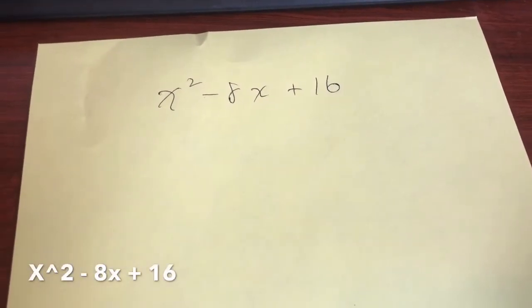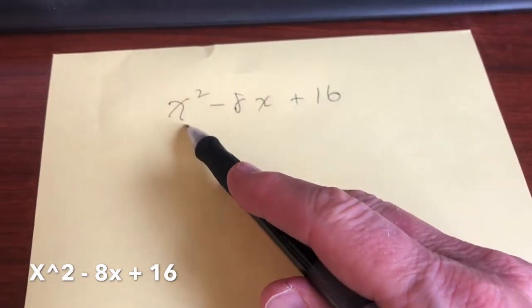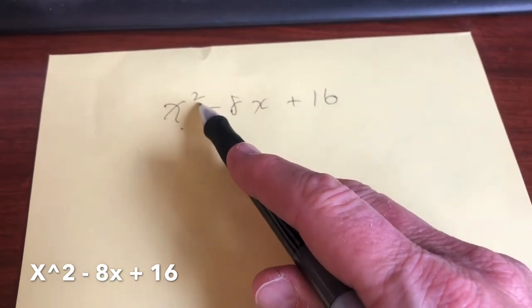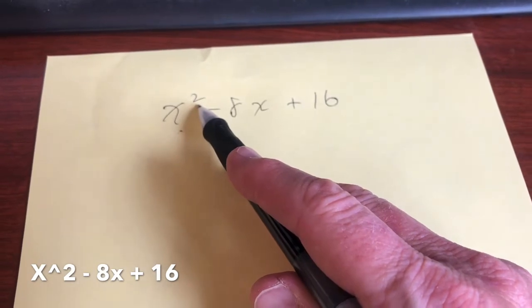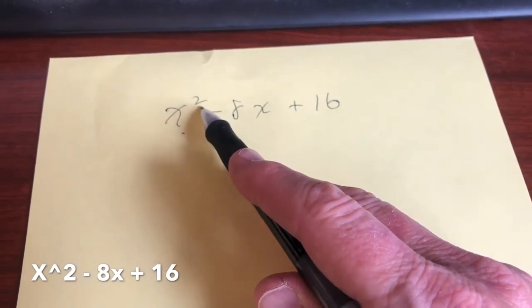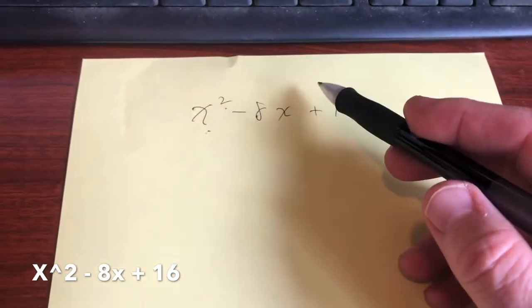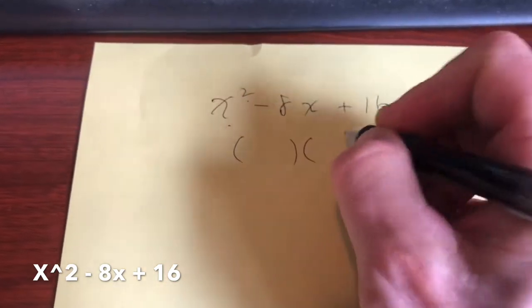Now let's change the middle sign and see how that affects things. Well, again, the first term is a perfect square because we would have x times x. So anytime the exponent is even, we know that we have two factors that we can multiply together and get that x squared. The product would be x squared. 16, of course, is 4 times 4. So let's fill this in.